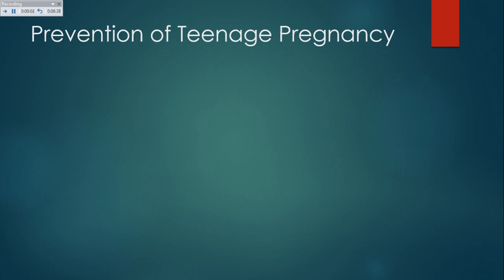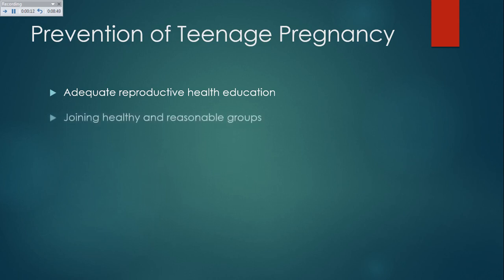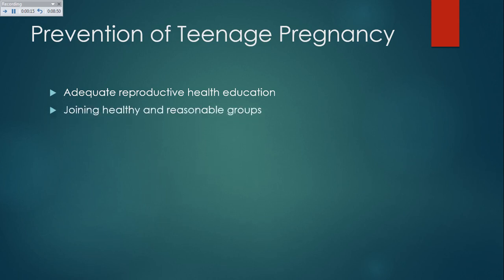How do we prevent teenage pregnancy? One is to provide adequate reproductive health education. The next is that the teenager should be encouraged to join healthy and reasonable groups or form friendships with people who are reasonable and who are morally upright.